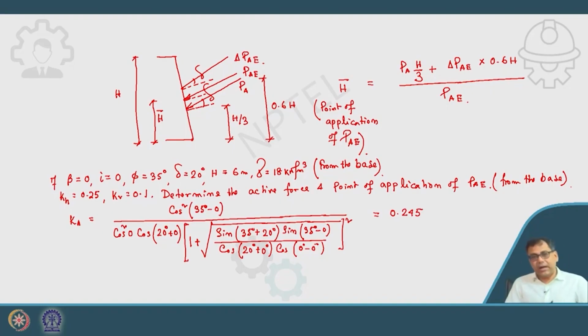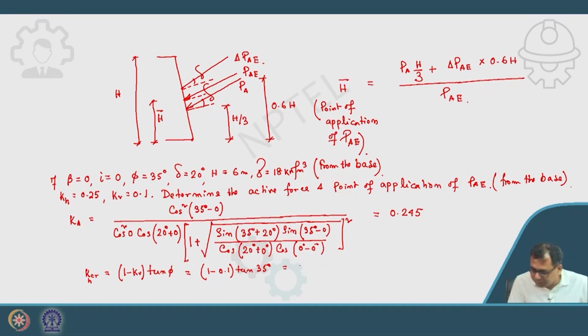Again, before that, I have to check whether the stability is possible or not, or the solution is possible or not. So you know that already the condition that K critical or KH critical is equal to 1 minus KV into tan phi. Now this is 1 minus KV is equal to 0.1, tan phi is equal to 35 degree.